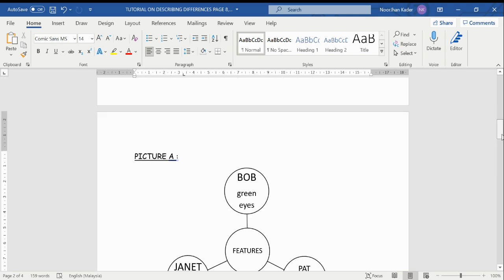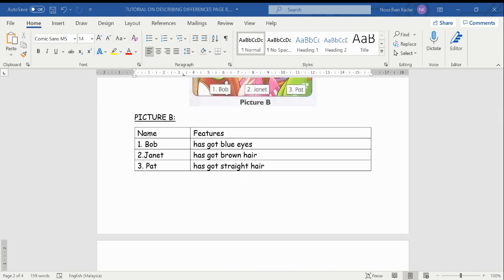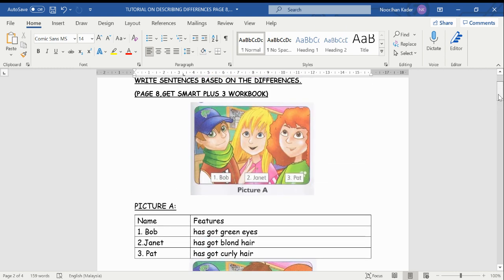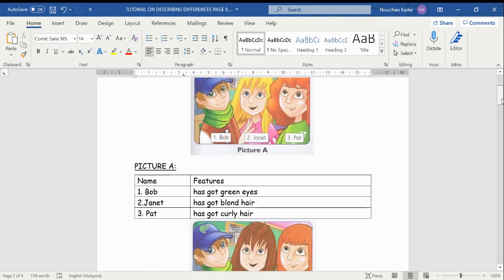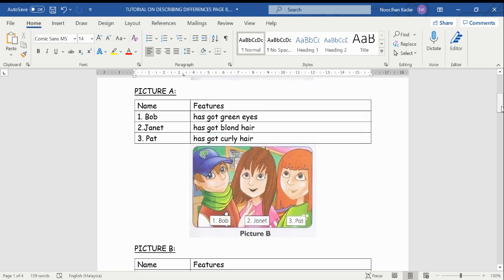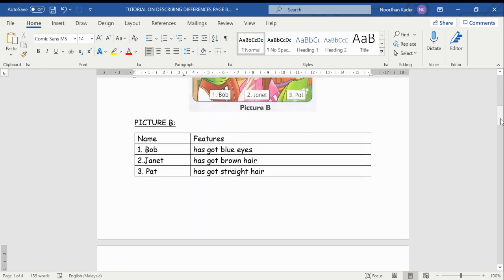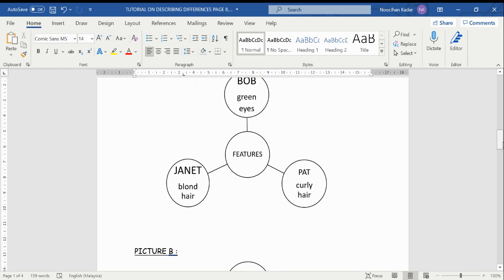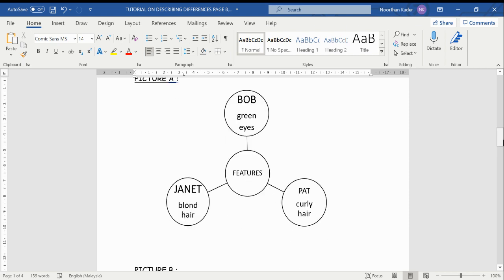Now, since you have already spotted the differences in picture A and picture B, and transferred the information to the table for picture A and picture B, then from there you have made two bubble maps for picture A and picture B, based on the features of Janet, Bob, and Pat.